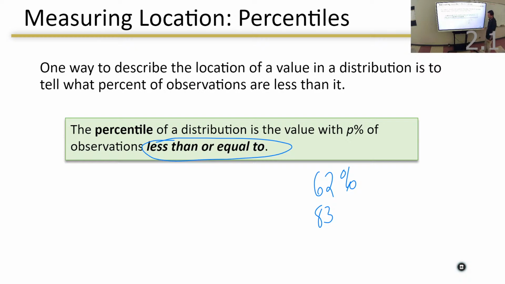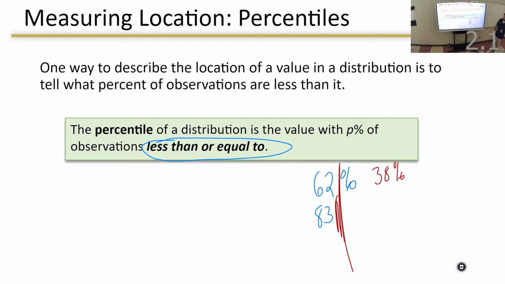And that also has to mean now what? That 38% are above 83. They're not 83 or above, they're above 83. So that's the cutoff. So when I say that percentile, guys, that number is included with that percent.